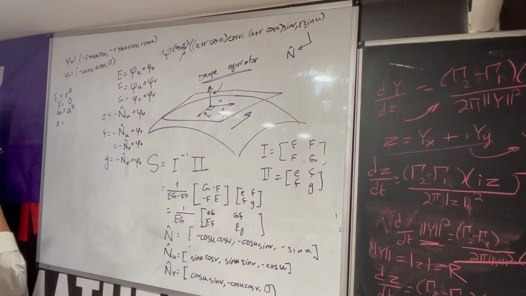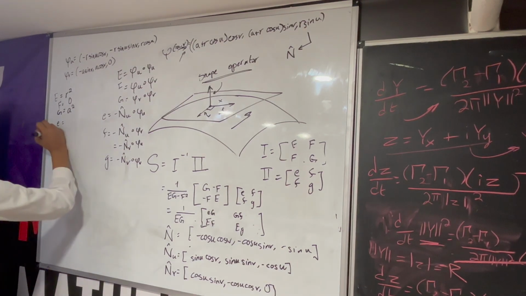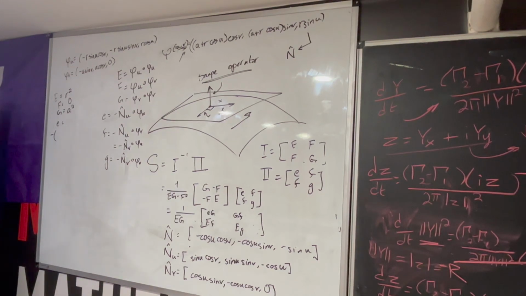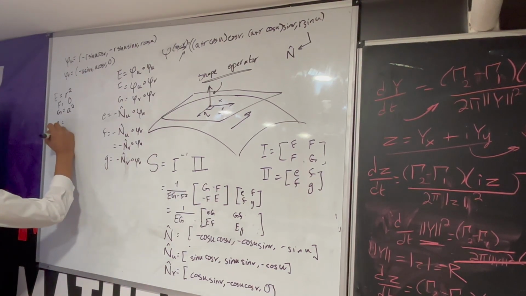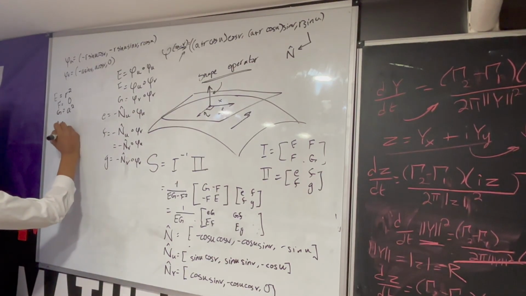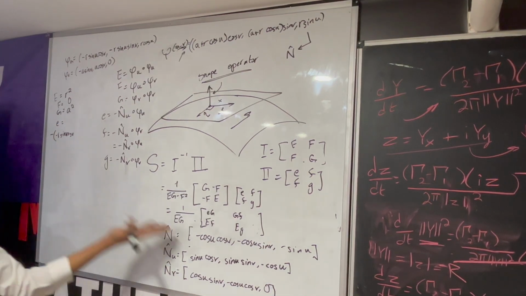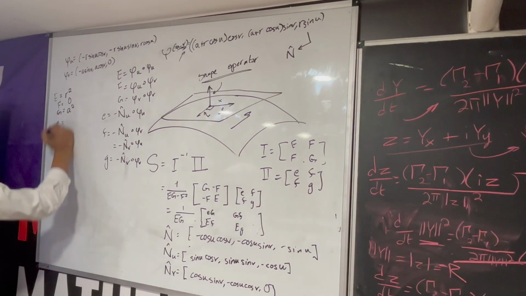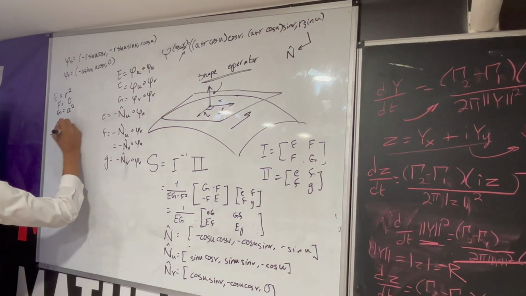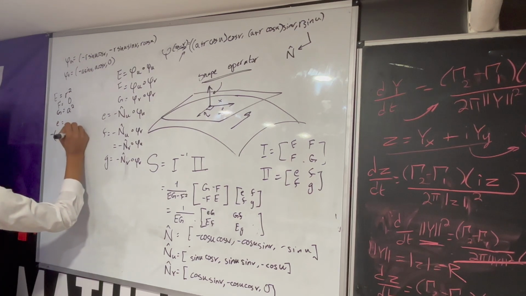Nothing bad can happen. This is just going to be minus multiplied by minus r sine u cosine v. And then the same thing happens here, so it's just minus r sine squared u cosine squared v.